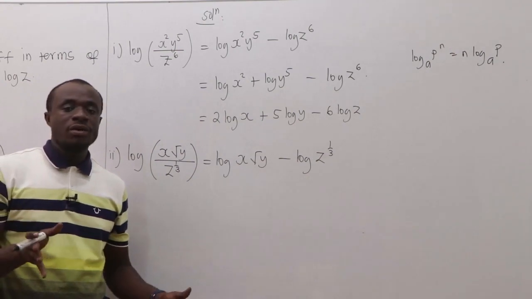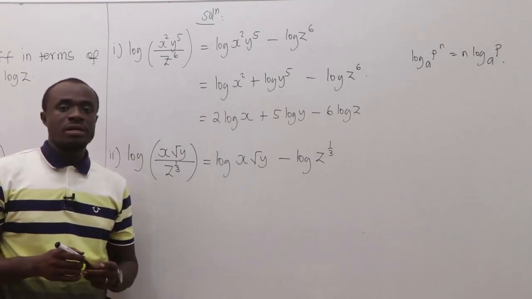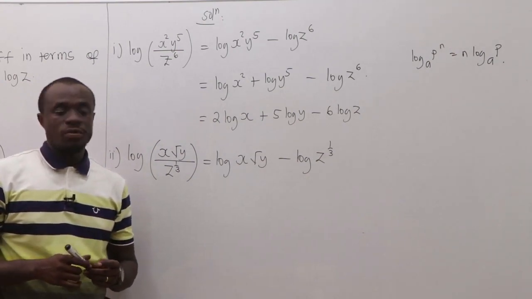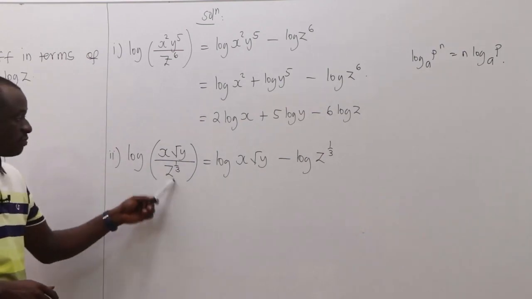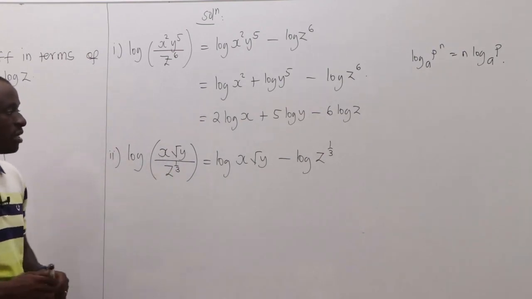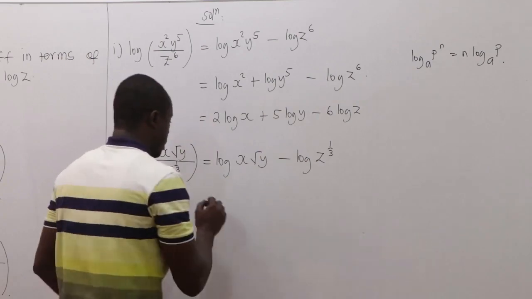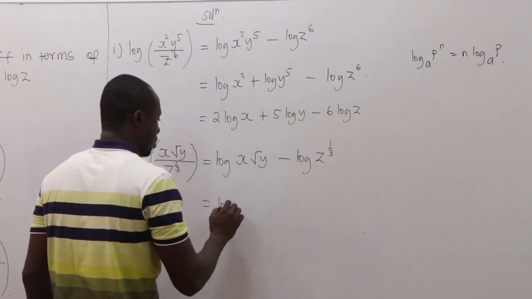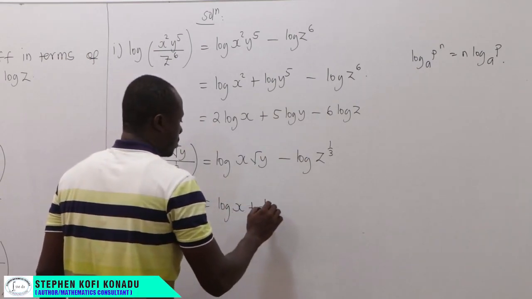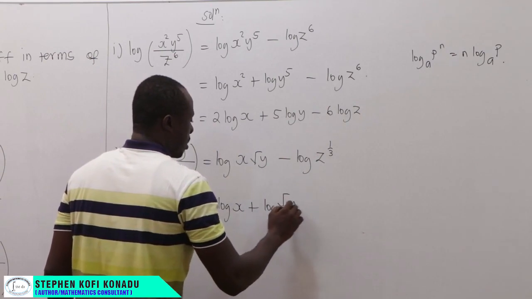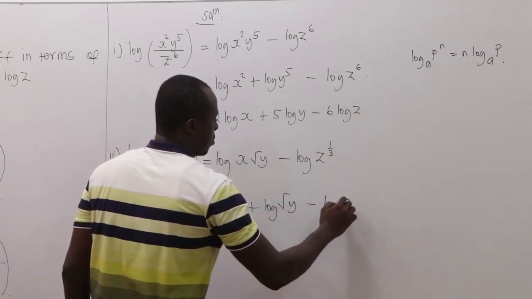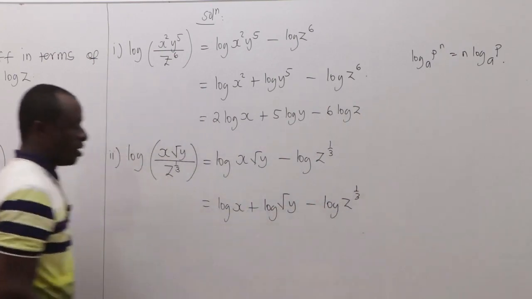When you're adding, we multiply, and when we are subtracting, we divide. So in this case, because we are dividing, we will subtract. Now this is multiplying this, and this is just the same as log x plus log root y minus log z to the power 1 over 3.